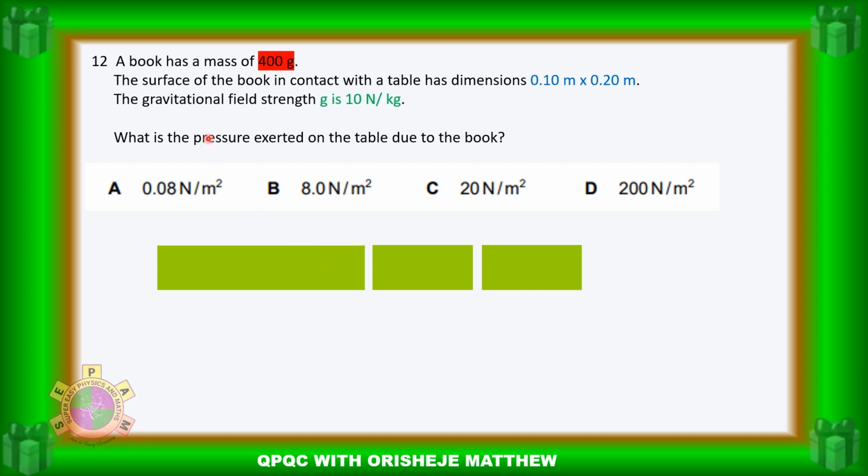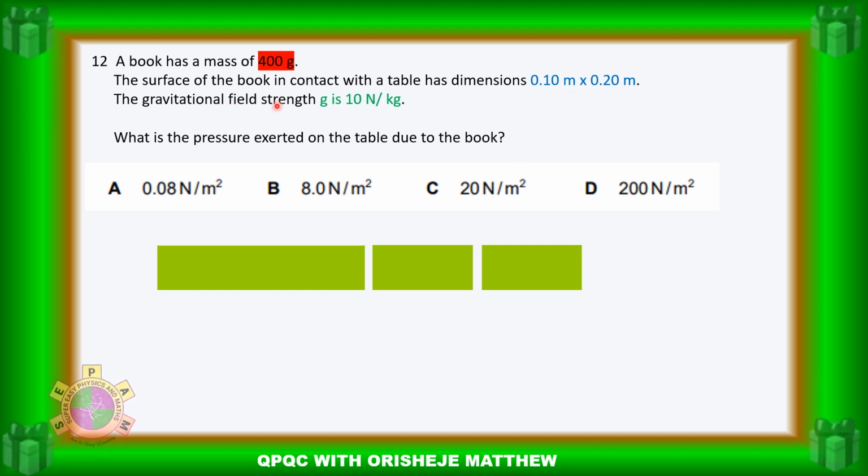Now, question 12 has to do with another question that has to do with units. A book has a mass of 400 grams. Take note, 400 grams. I put it in highlight, and this was the trap in this question. The surface of the book is in contact with a table which has a dimension of 0.1 meter multiplied by 0.2 meter.